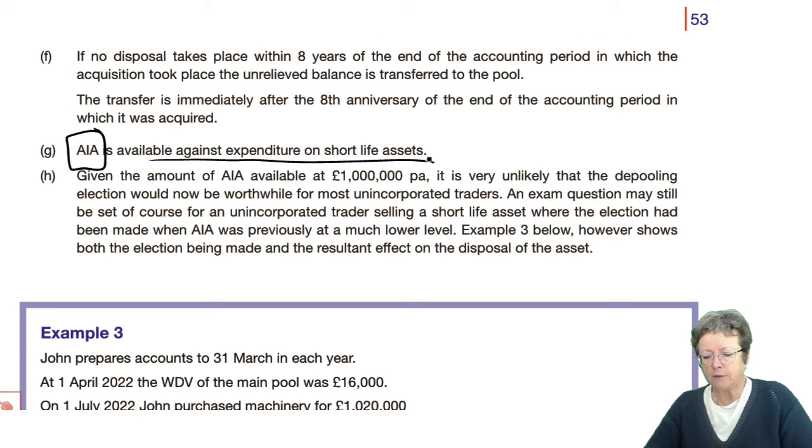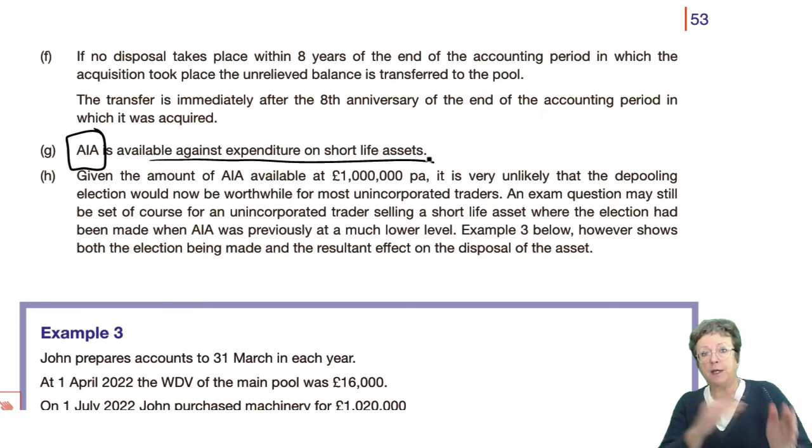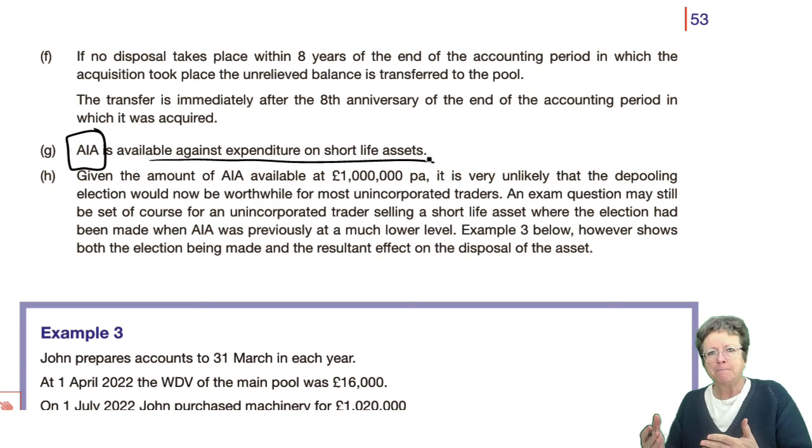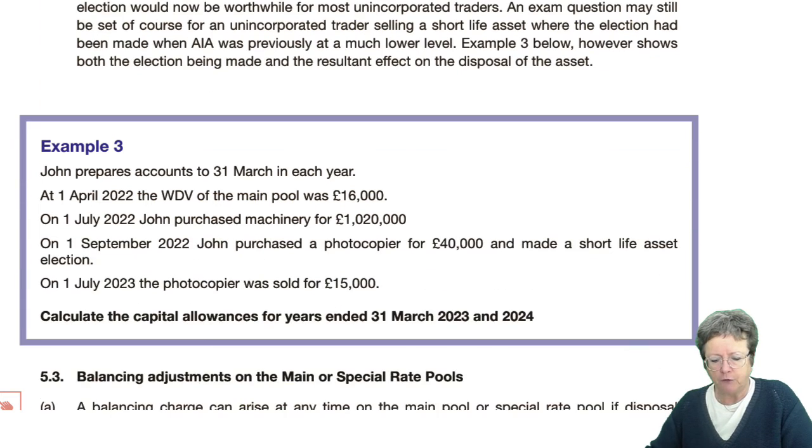Because it says there, it's unlikely a depooling election is now worthwhile for most unincorporated traders. Okay, an exam question may still be set, of course, for an unincorporated trader selling a short life asset where the election had been made. In other words, it's already in a column and then we've sold it, so you might get one of those. So you need to know how these things work, which is why we've included example number 3 here.